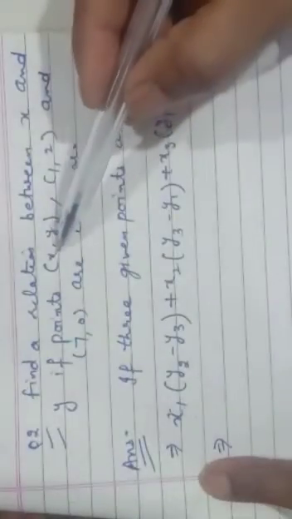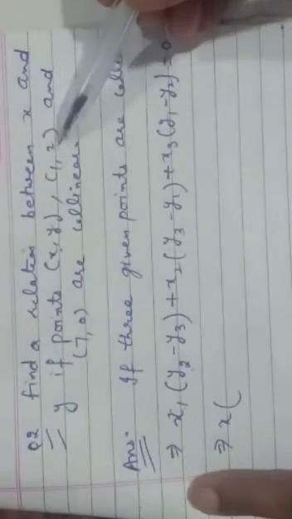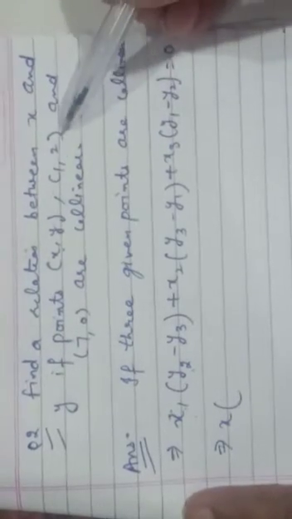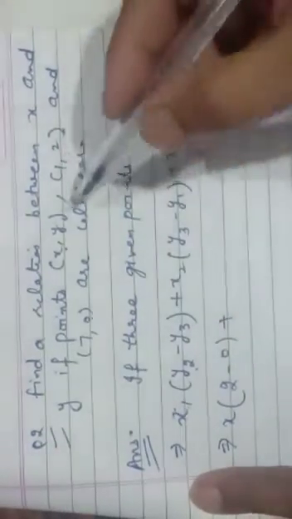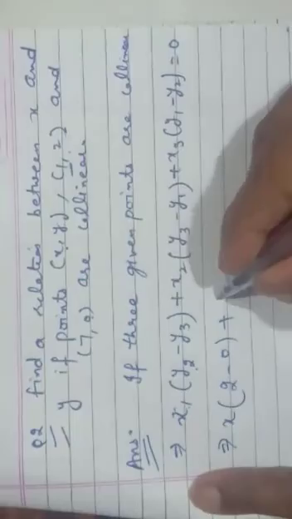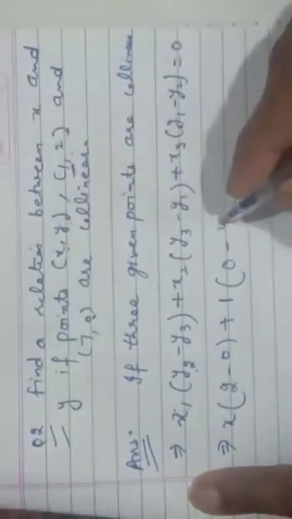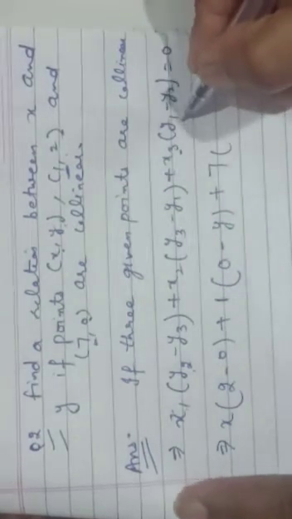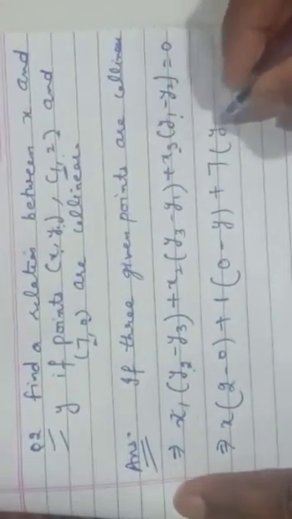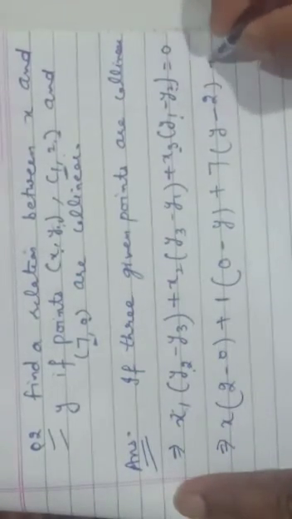So x1 is the x coordinate of the first point, that is x. y2 is the y coordinate of the second point, that is 2. y3 is 0, plus x2, this is 1. y3 is again 0, y1 that is y only, plus x3 that is the x coordinate of the third point, means 7. y1, the y coordinate of the first point, that is y only. y2, the y coordinate of the second point, that is 2, equals 0.